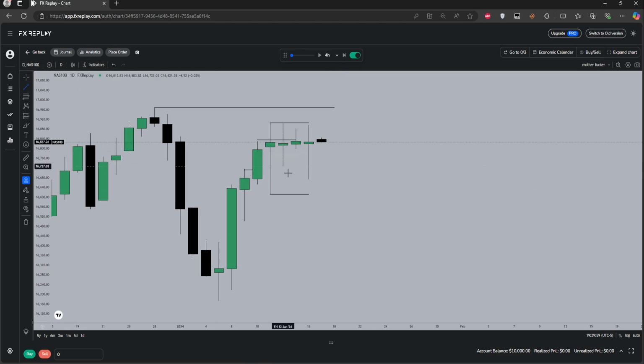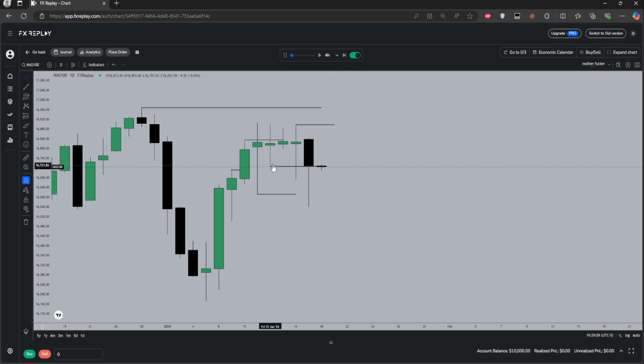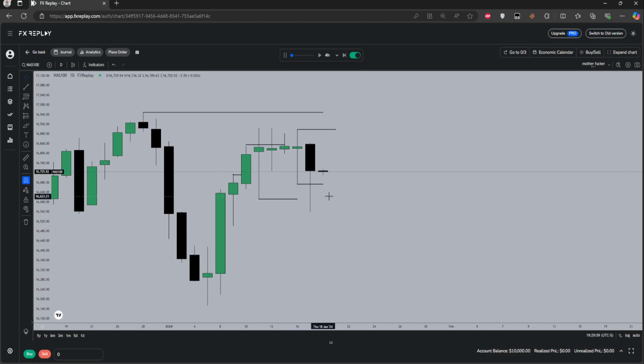All right, we get a sweep of this low, and we sweep this liquidity here, and we close above. So our targets would be here. Once again, looking at the same bias. Now we have a more clear bias, way more clear. We sweep this low, close above. So where is our drawn liquidity?